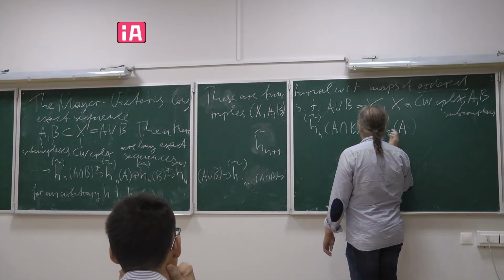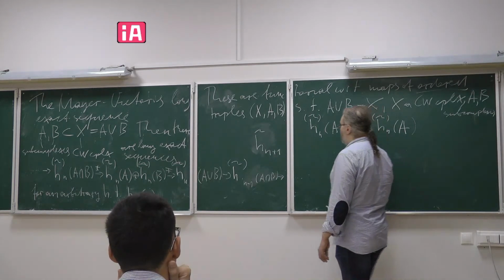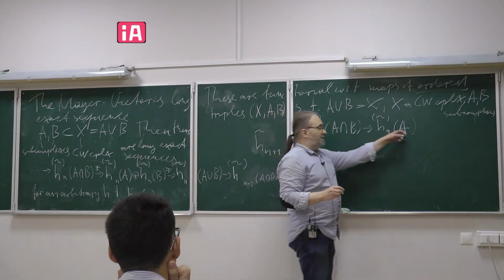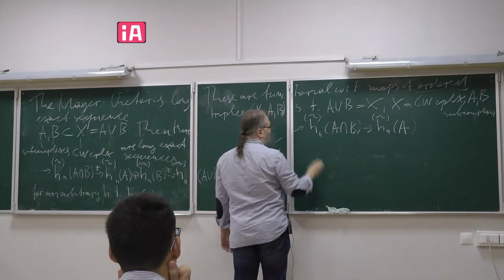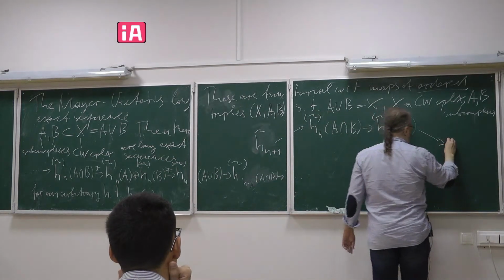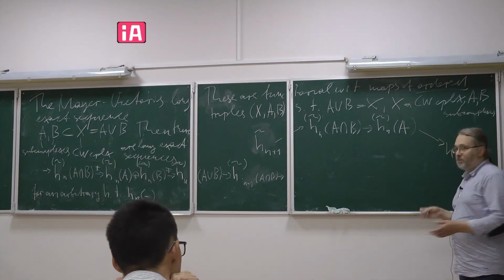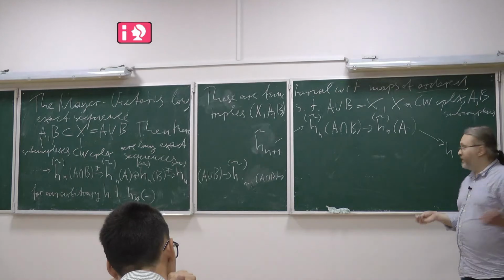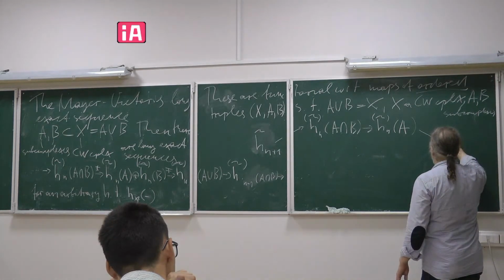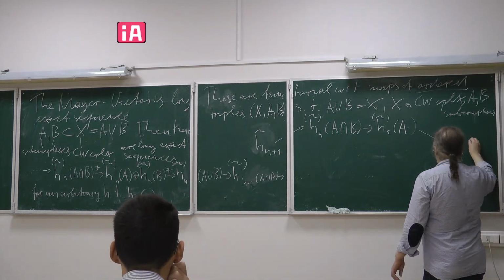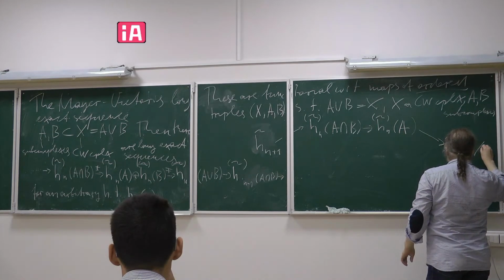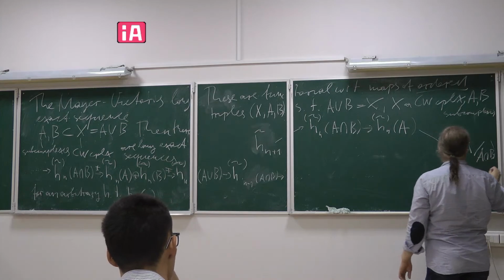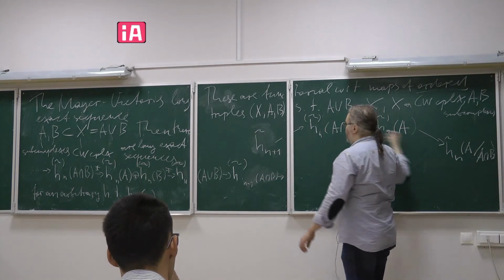Okay, suppose I have A intersected B inside A. From what we did last week, we have this long exact sequence, where here I need to take A and collapse A intersected B. Why did I write it in this way?